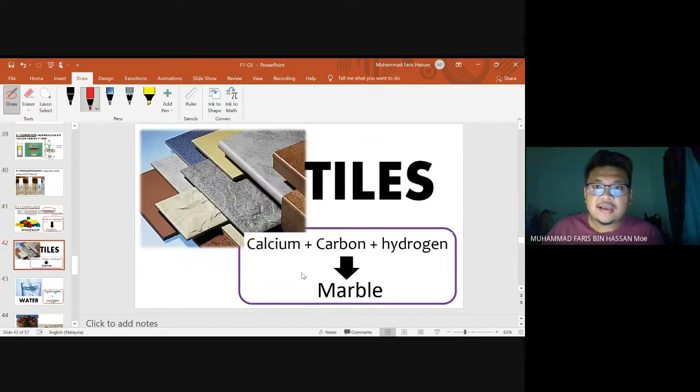Another example of a compound is tiles. Calcium mixed with carbon and then mixed with oxygen will form marble.